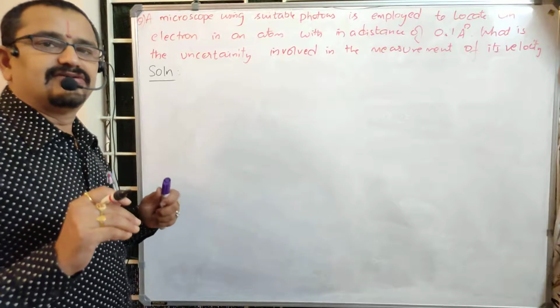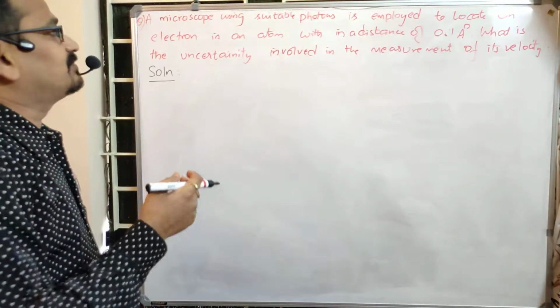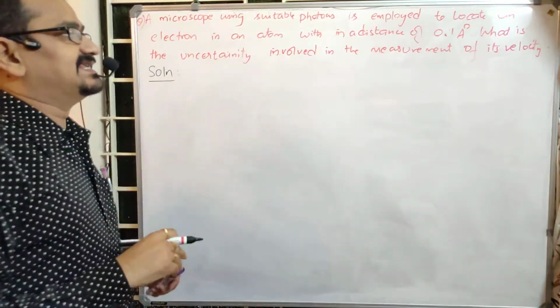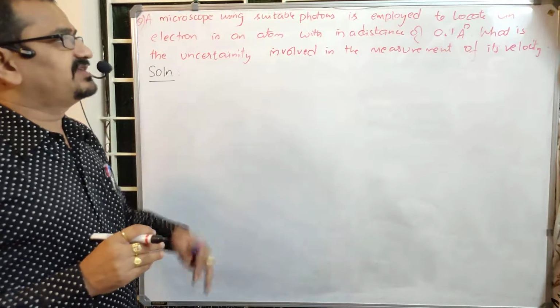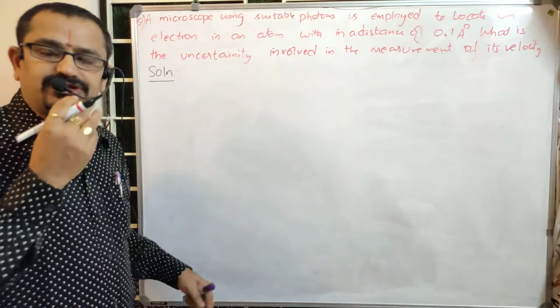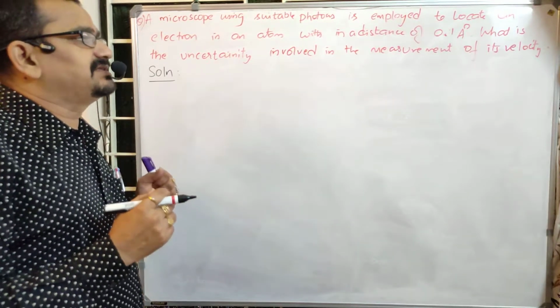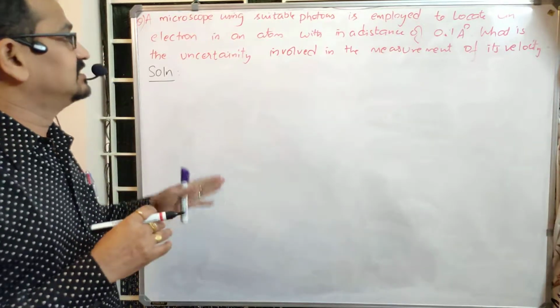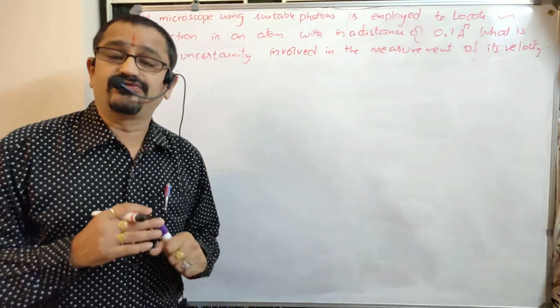This is a numerical from Heisenberg's uncertainty principle. See, a microscope using suitable photons is employed to locate an electron in an atom within a distance of 0.1 angstroms. What is the uncertainty involved in the measurement of its velocity? Means uncertainty in position is given, uncertainty in velocity is asked to find out.